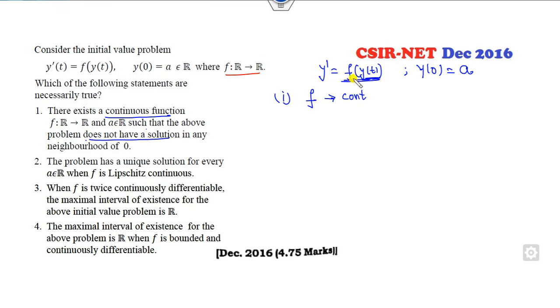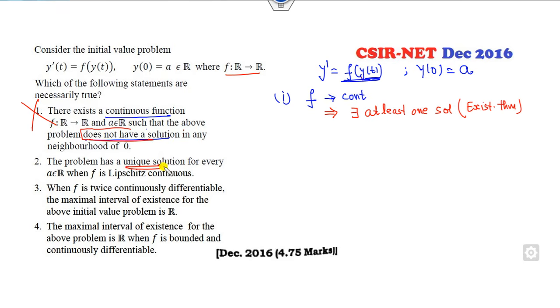That's strong. As I mentioned in my first tip, if f is continuous, it means there exists at least one solution by using the existence theorem. But it says does not have a solution. This option is cancelled out.